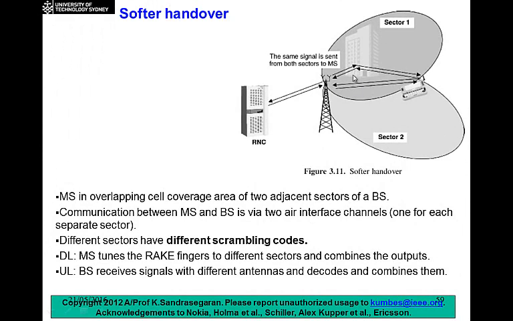Well, it's possible that a UE is located in an area which is in the overlap of two sectors associated with the base station. Okay, and it may be communicating with both using different scrambling codes, and there may be a need for a handover from one to the other. That's possible, but most of the time it might be communicating simultaneously on both the sectors.